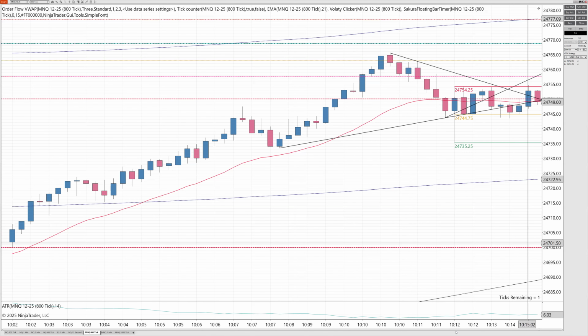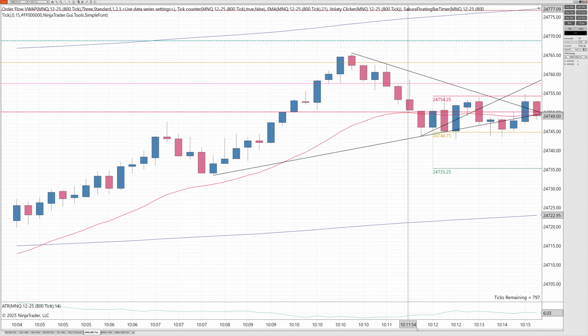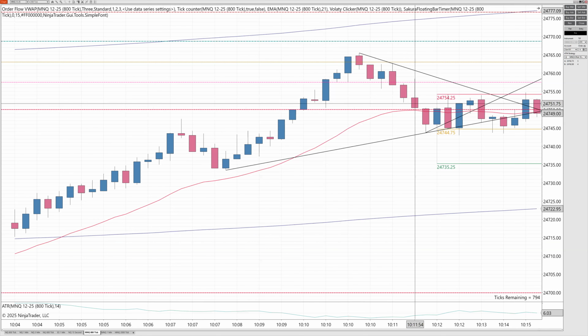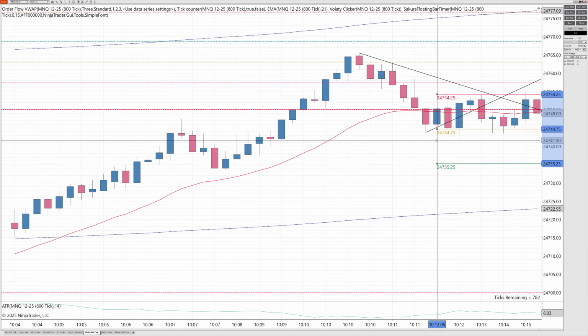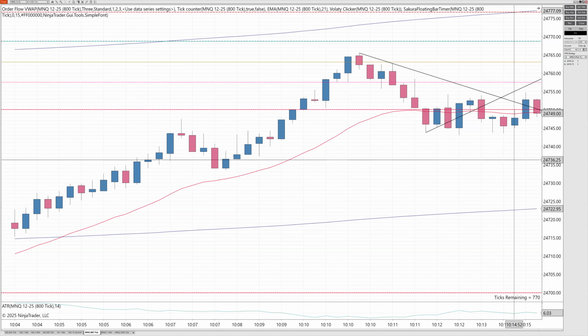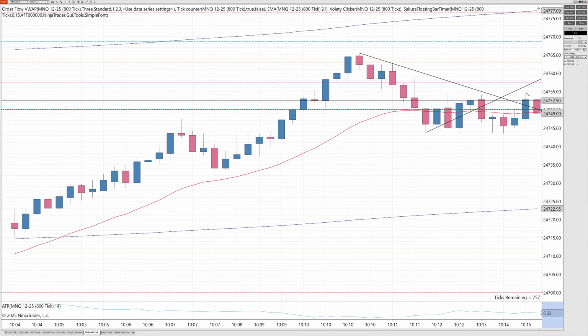But I think in the heat of the moment, it's kind of hard to put everything together sometimes, and it's okay to make mistakes. So in this case, we did get stopped out, and that's okay. It's part of trading. You can't get every single trade right.